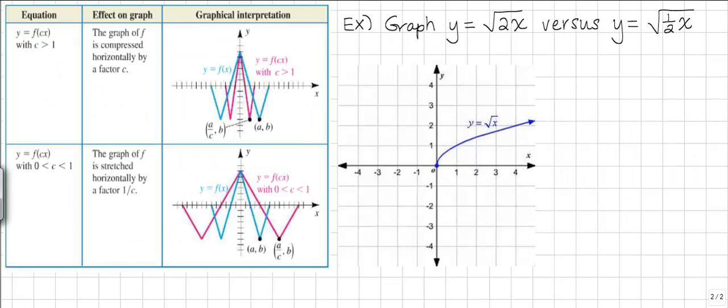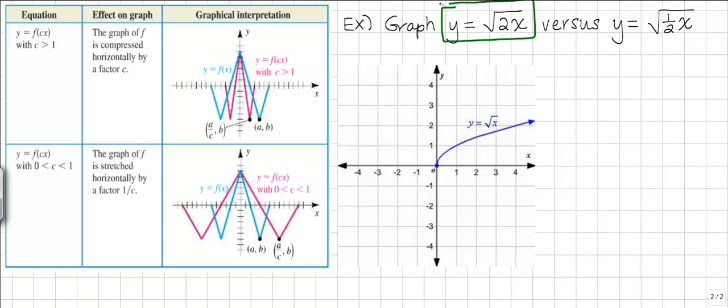Now on to the horizontal guys. Just like with horizontal shifting, the horizontal interpretations end up being somewhat the opposite of what you expect. So for example, if I am multiplying the x coordinate before I substitute it into the function by a number bigger than 1, that might look something like this guy. y equals root 2 times x.